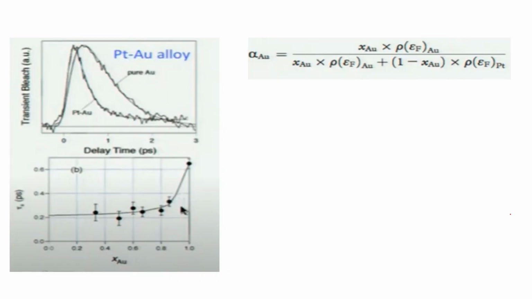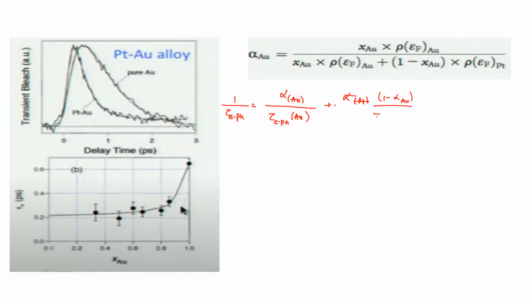I'll write this here. We write platinum in terms of gold only, 1 minus alpha of AU.